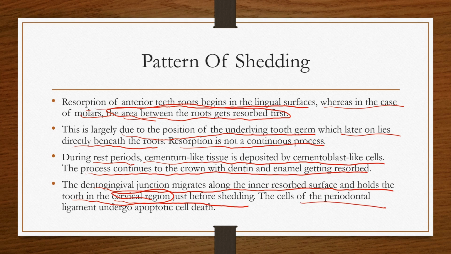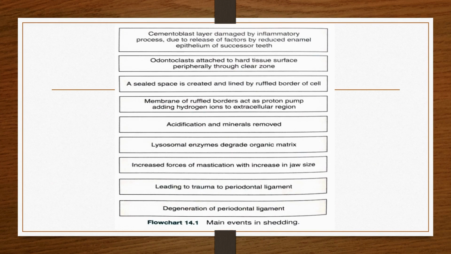The cells of the periodontal ligament undergo apoptotic cell death. These are the generalized main events. Cementoblast layers are damaged by an inflammatory process due to the release of factors by the reduced enamel epithelium, REE. We have studied it in the first lecture. Odontoclasts attach to the hard tissue surface peripherally through the clear zone. We have also studied that in the first lecture, development of the tooth.